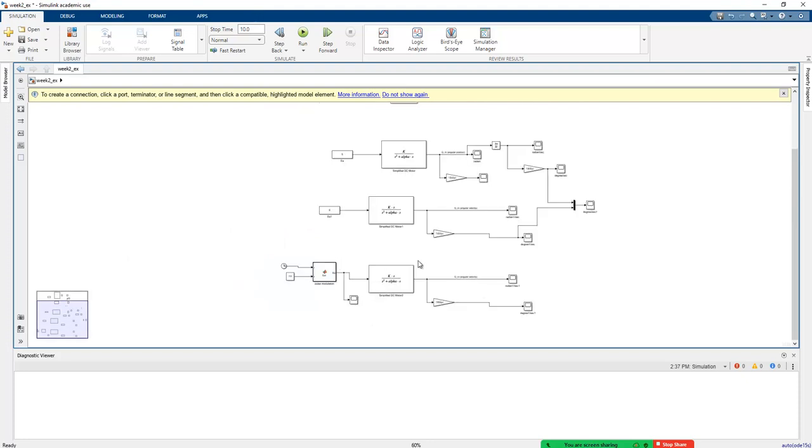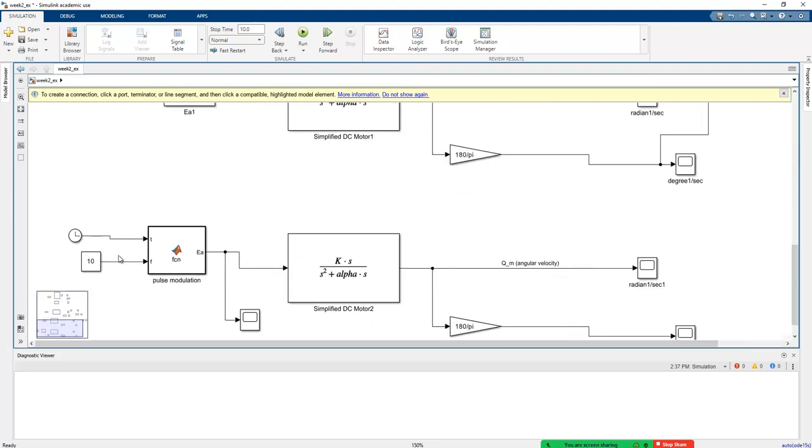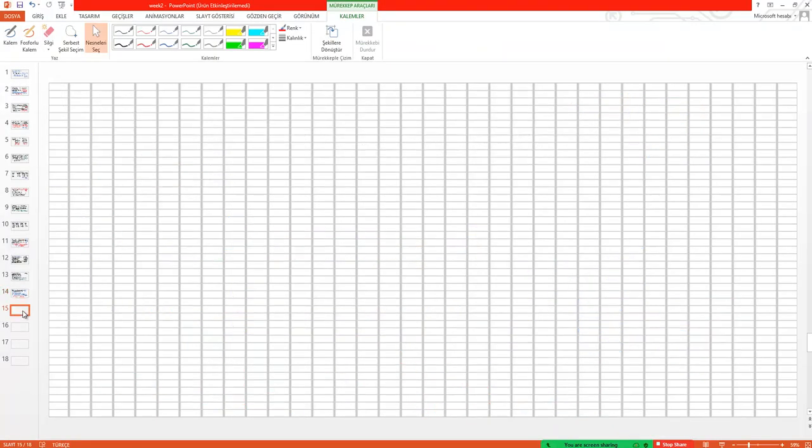I'm sorry guys, but we need to give this domain in the MATLAB simulating formation. Okay, and so we will rewrite the whole equation in here, just like this one.